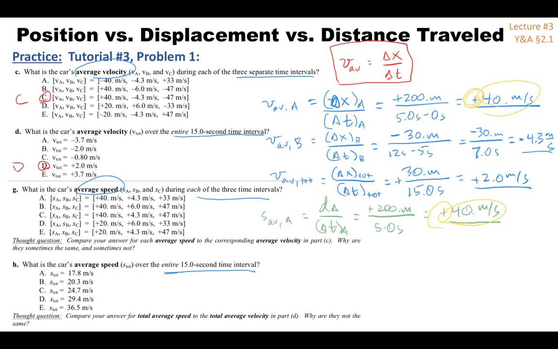Okay. Now, if we calculate the speed for time interval B, average speed is going to be distance traveled during time interval B divided by time, and that's going to be equal to, now the distance traveled during time interval B was a positive 30 meters, not a negative 30 meters.